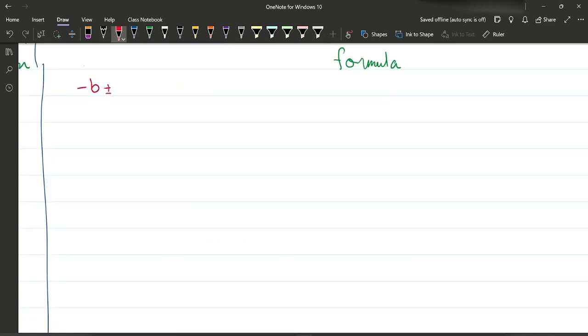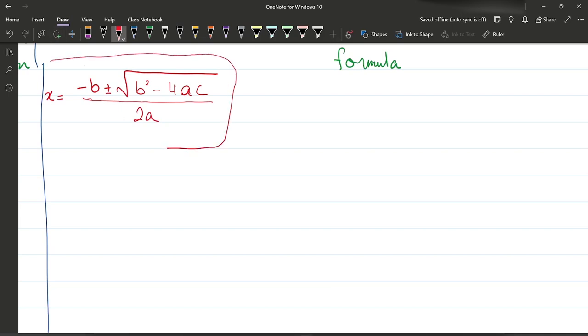So this is the formula. This is very important because sometimes you have no other choice but to use this, and in some questions that is the case.